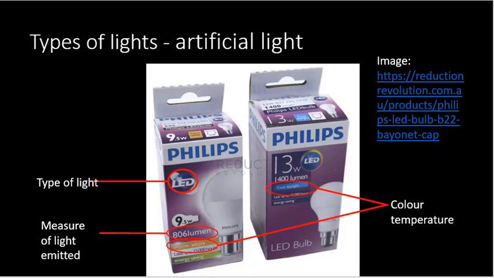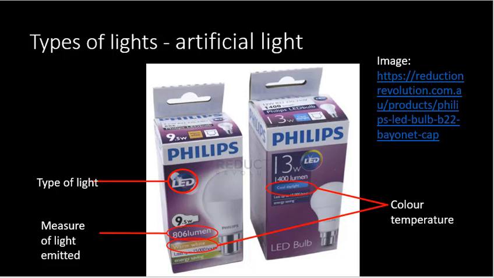So lumens is the amount of light that's emitted from the light source. The greater the lumen, the brighter the light is, and that's what you can see on a globe box. As I said, it used to be called watts, but now the correct reference is lumens.